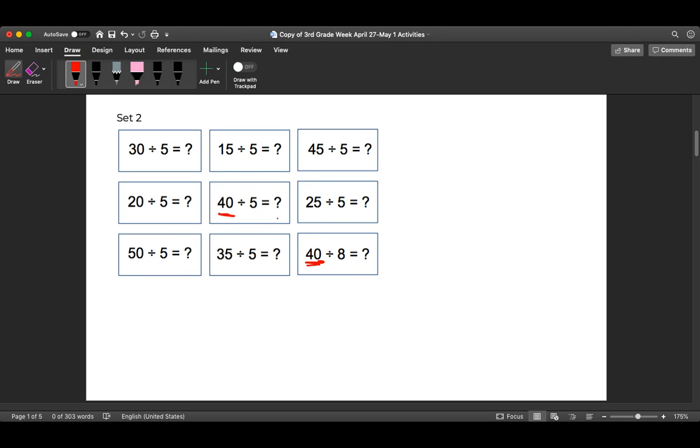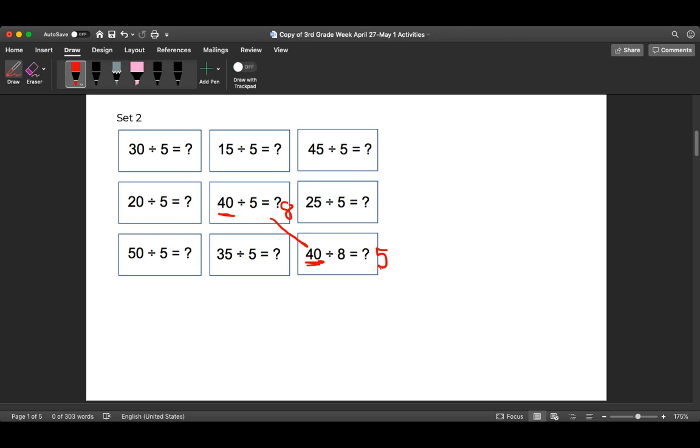This one is dividing by 5 and the answer equals 8. And this one is dividing by 8 and the answer is 5. These two are in the same fact family. If I divide 40 into 5 equal groups, I will have 8 in each group. Or if I divide 40 into 8 groups, there will be 5 in each group. So they are connected in that way.